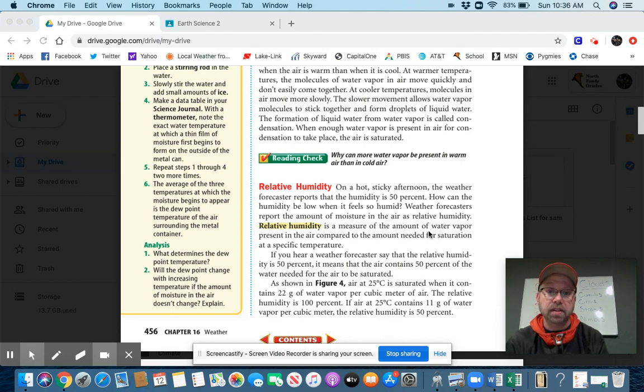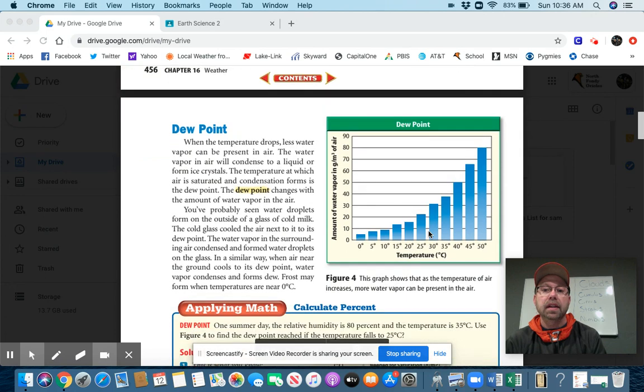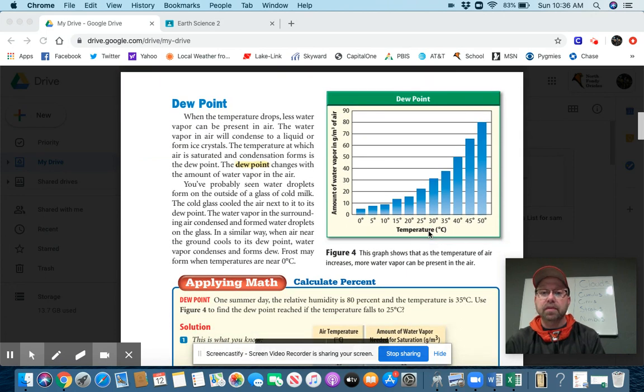So that's relative humidity. And then the last thing that we talked about, I believe, was dew point. We've all felt that dew on our feet in the summer mornings when the grass is wet or our bike seat is wet or our bike chain starts to rust. Dew point is the temperature at which dew forms. So when the air is warm in the day, it holds lots of water vapor.